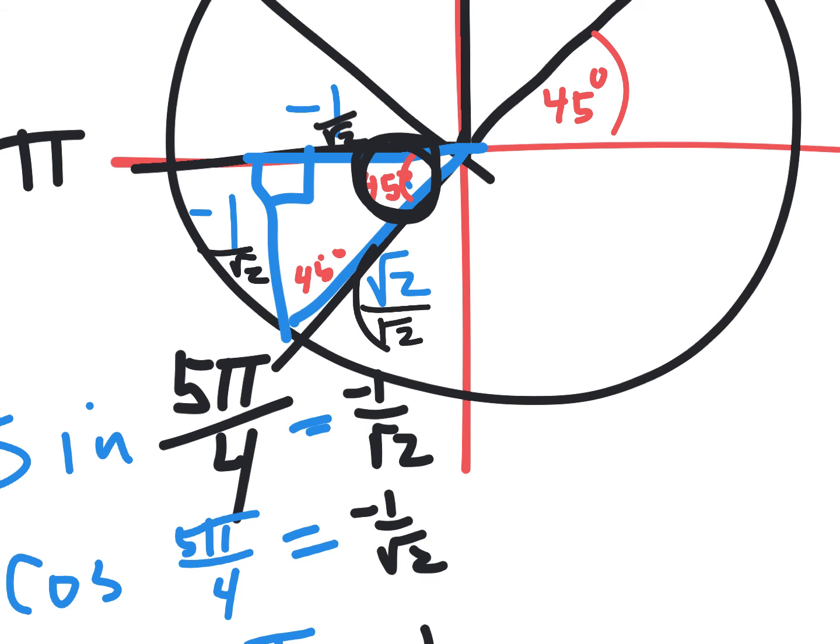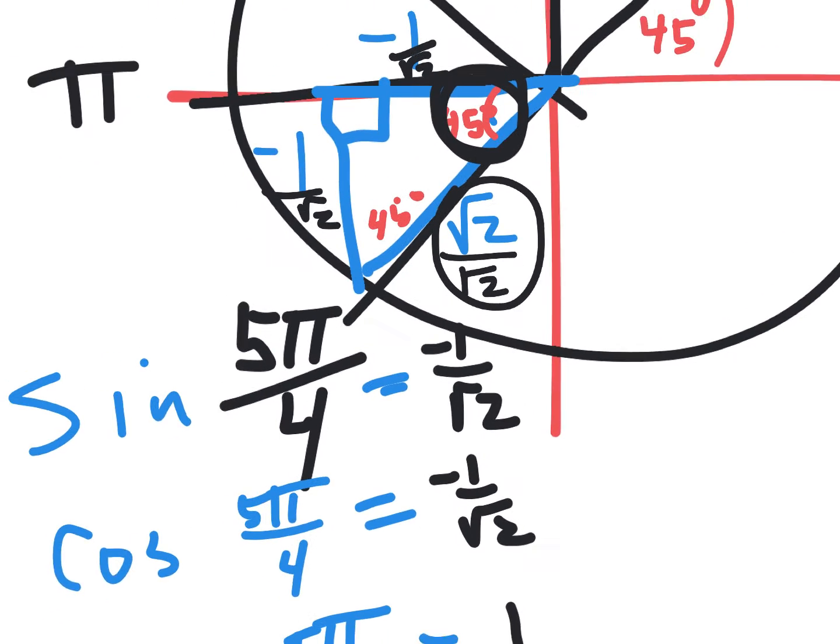Because isn't the hypotenuse just 1 now? And if I do the opposite over the hypotenuse, I still get negative 1 over root 2. See what I mean? Isn't that weird? I divided everything by the square root of 2, and I still get the same answers as before. Cosine, adjacent over hypotenuse, which is negative 1 over root 2 over 1, which is negative 1 over root 2.